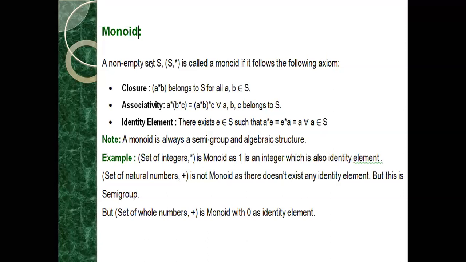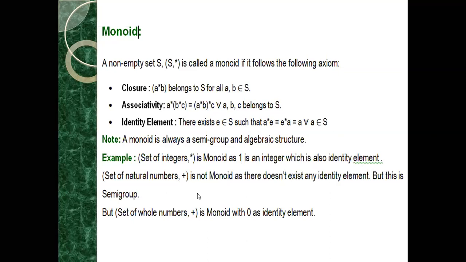A monoid is always a semi-group and an algebraic structure, because a semi-group satisfies closure and associative. So, for example, the set of integers is a monoid, as 1 is an integer which is also the identity element.